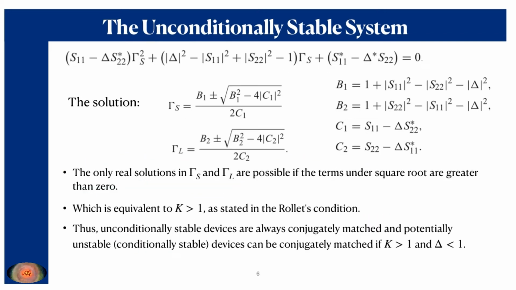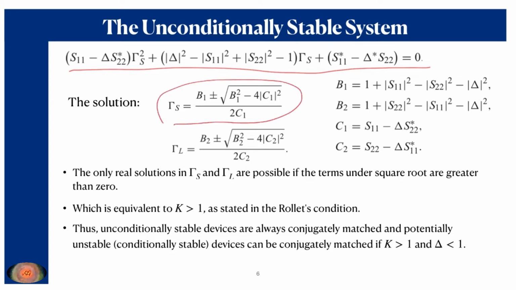The final expression that you can get out of the expression that I already achieved in my previous slide is this one. And you can see this expression appears as a quadratic equation in this gamma S. Therefore, the solution of this gamma S is very simple, and this one is the solution for gamma S. In a similar way, the expression or the solution for gamma L can also be achieved, and that is written also over here.